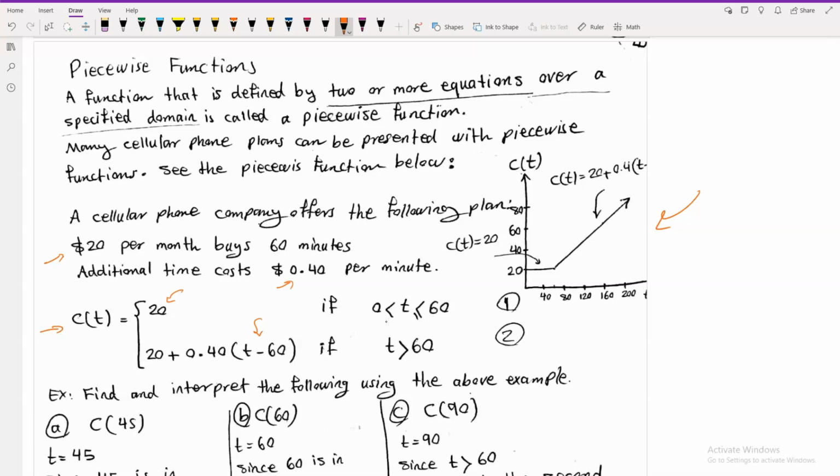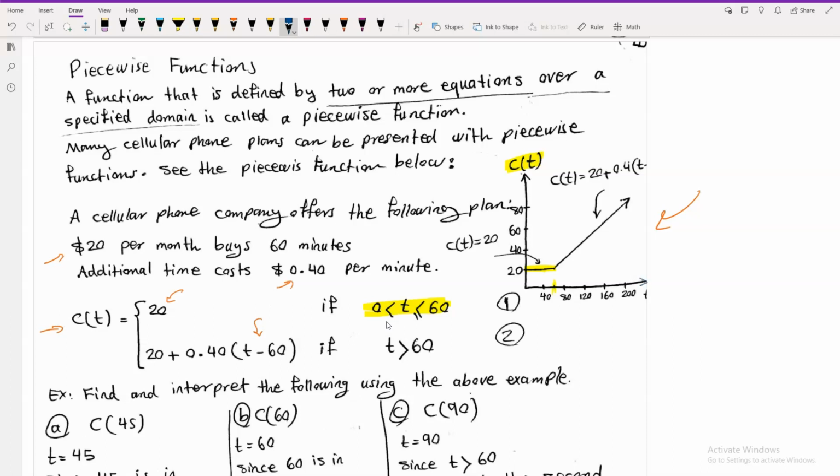And this is our graph for when time is this part from 0 to 60. Again, it's not equal to 0. From when time is greater than 0 and less than or equal to 60, cost is $20. So this one, C of T, that is cost based on what time is.